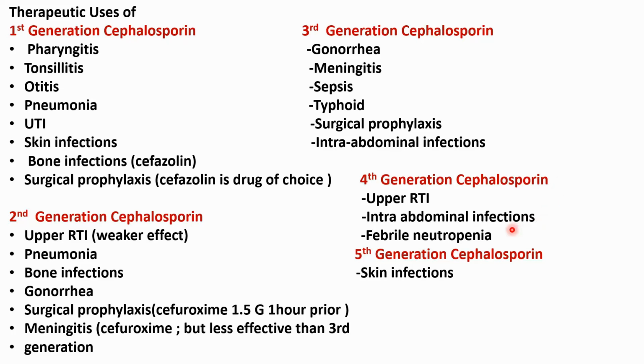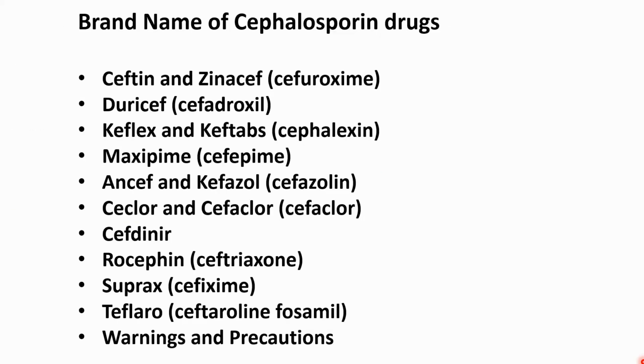Now, the latest cephalosporin generation, that is the fifth generation, is used against skin infection. Next, you can see on screen the brand names of various cephalosporin drugs present in the market with different names.